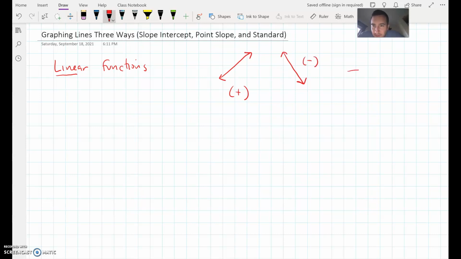It might be a perfectly flat line, which would have a slope of 0. Might be a vertical line, which would have an undefined slope. But you get the idea. Linear functions are lines. And the reason they're lines is because they have a constant rate of change.